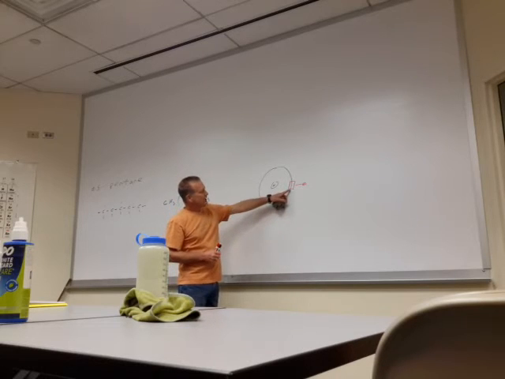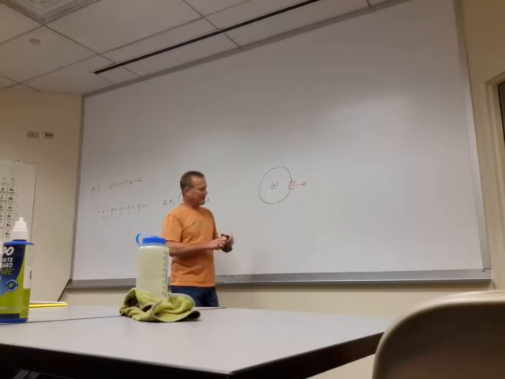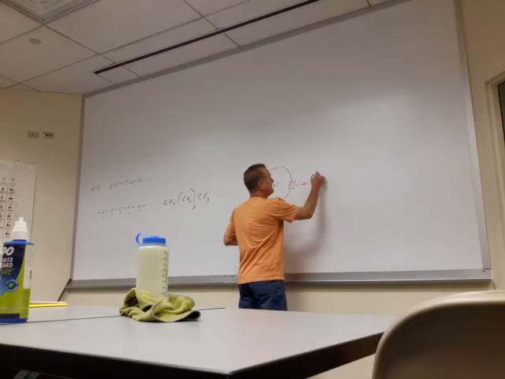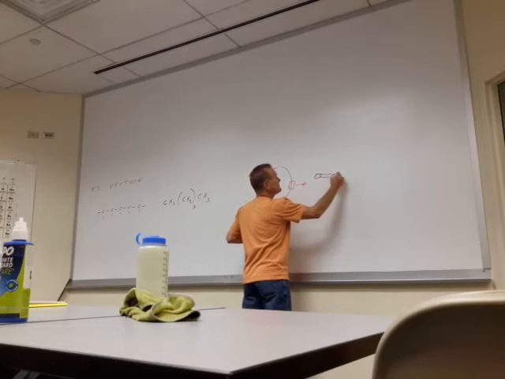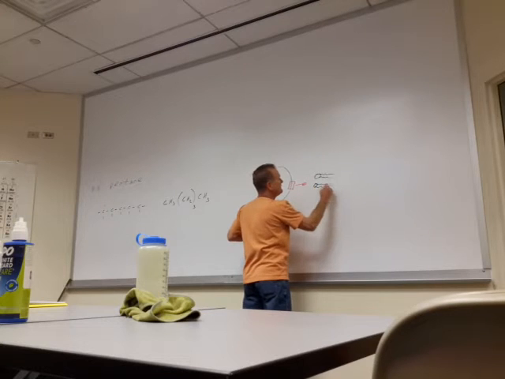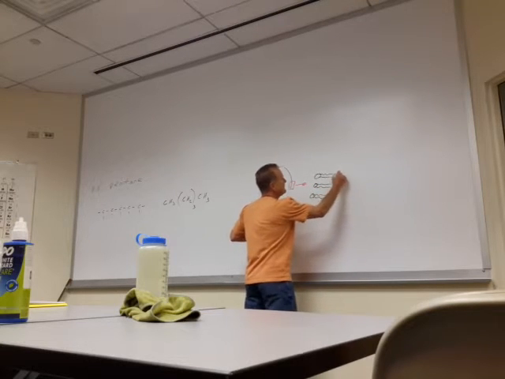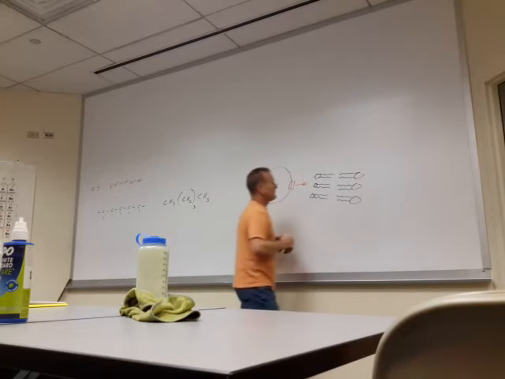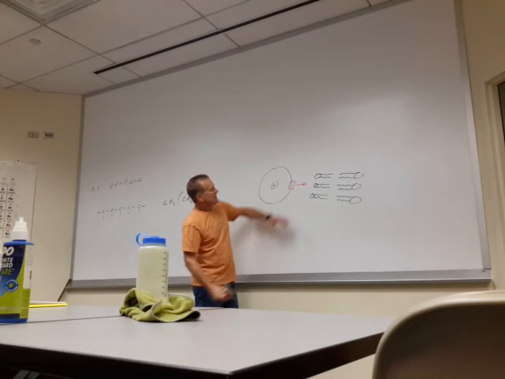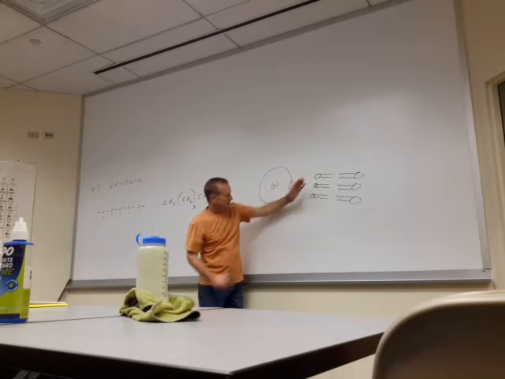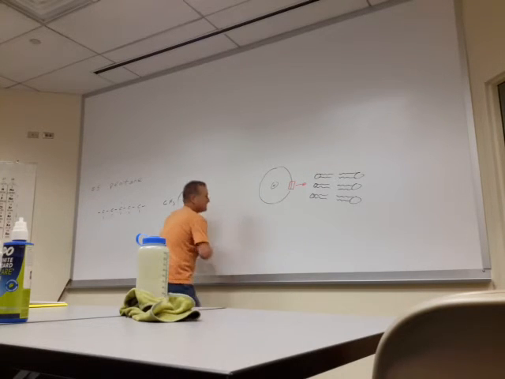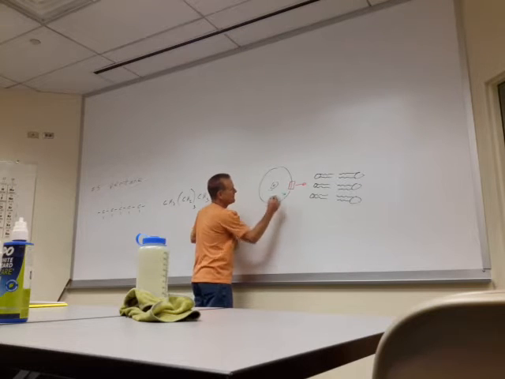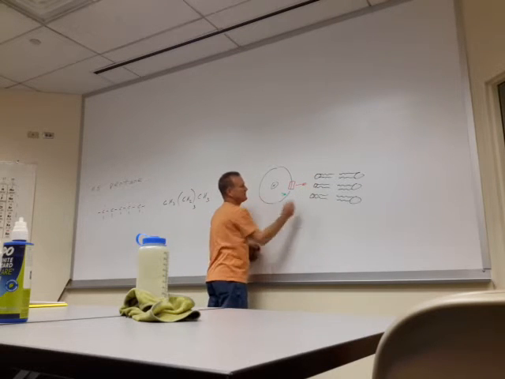But remember, if we blow up that cell membrane, it's a phospholipid bilayer, right? And how do we draw those phospholipids? A little circle with 2 squiggly lines. Of course this means the inner portion of the membrane is hydrophilic because of the phosphate groups.